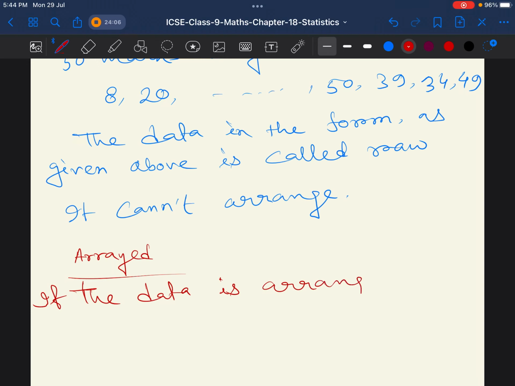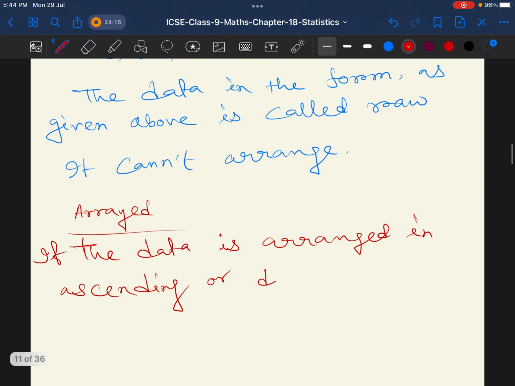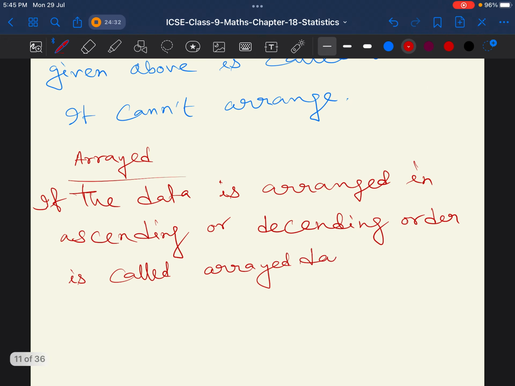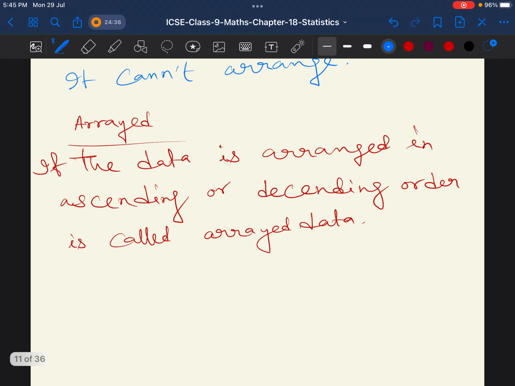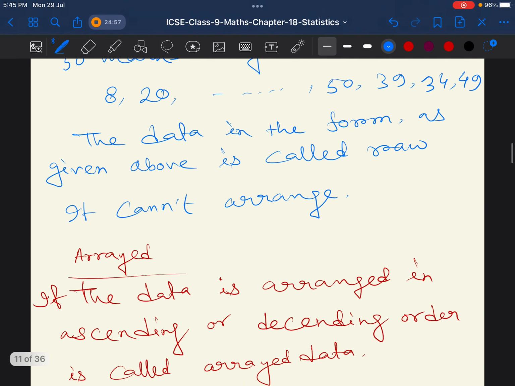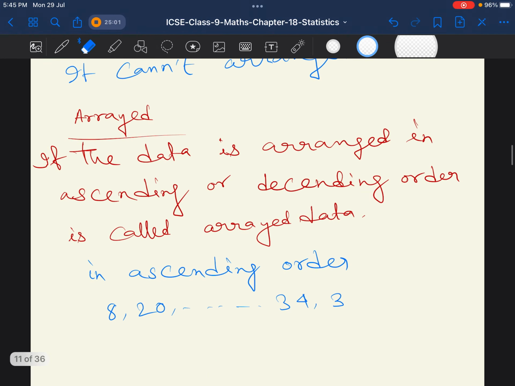So arrayed data in ascending order: 8, 20, 34, 39, 49, 50.